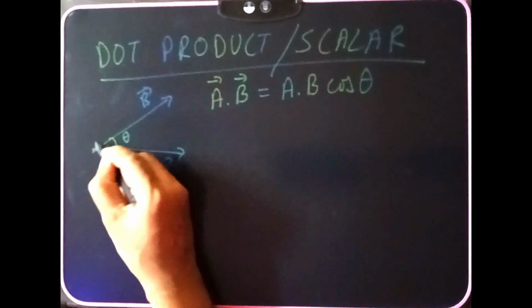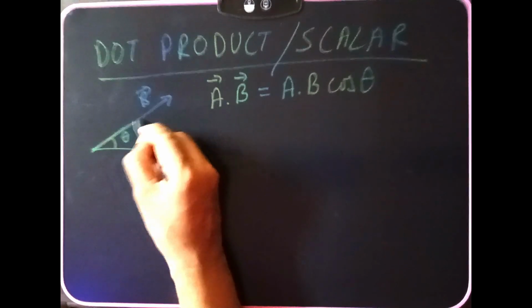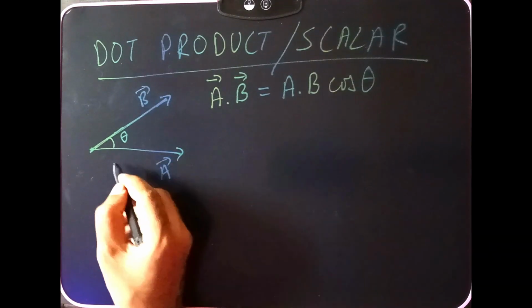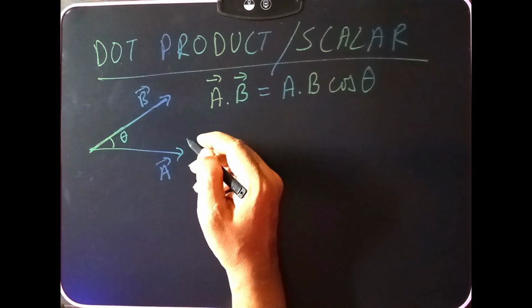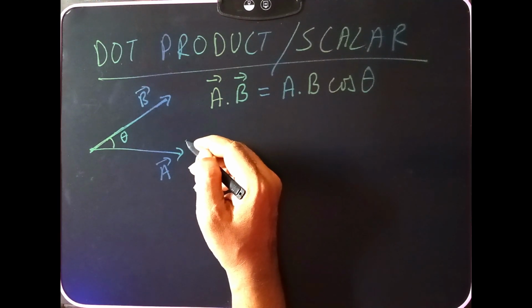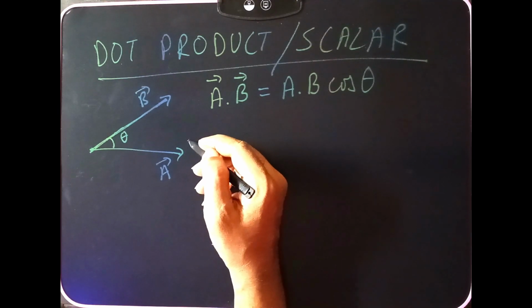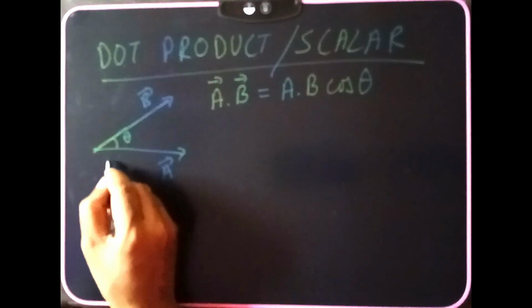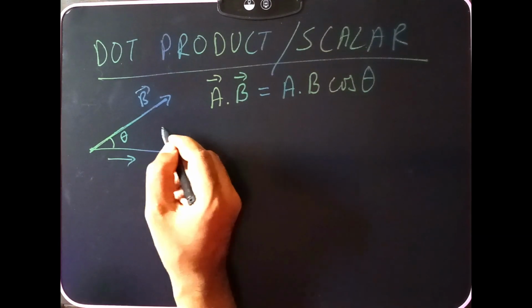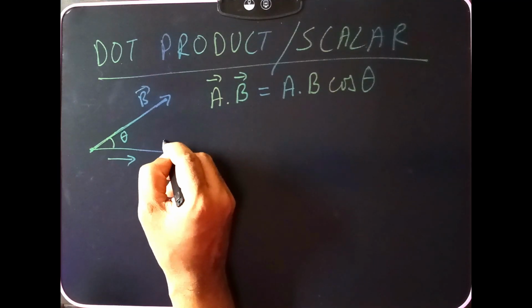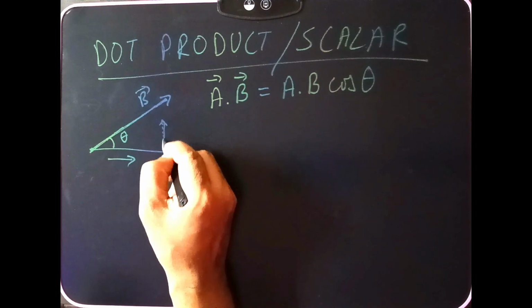Let us resolve this vector here into parallel and perpendicular component to A, right? So basically parallel to A will be like this, and perpendicular to A will be like this, right?